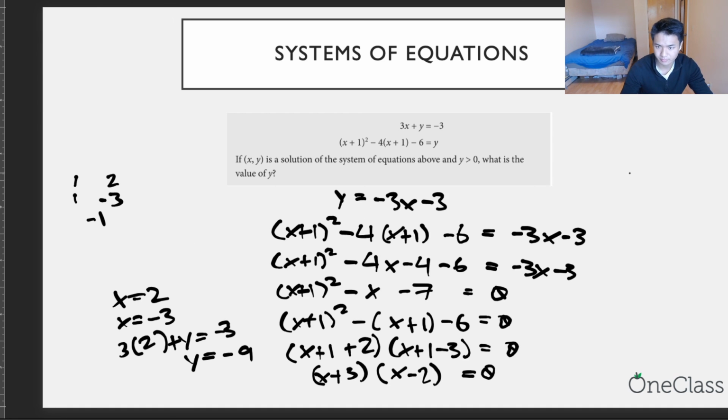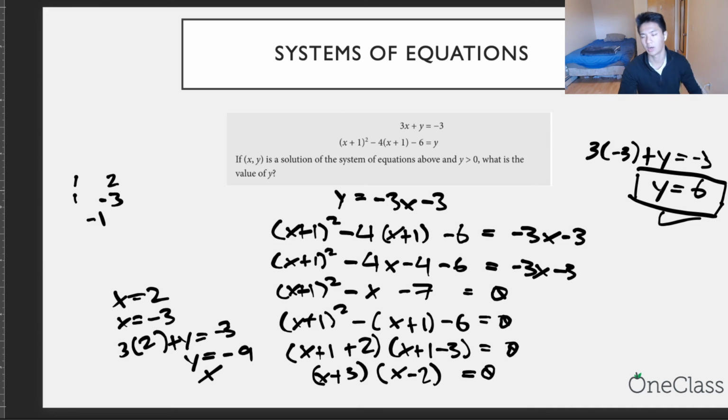We get 3 times negative 3 plus y equals negative 3. That's negative 9 plus y equals negative 3, so adding 9 to both sides, y equals 6, right? Information given to us is that y is greater than 0. We know that y equals negative 9 is not going to work. That means y equals 6 is going to be our final answer, and that is what we will end up plugging in, the missing box. There we go. y equals 6 is going to be our final answer.